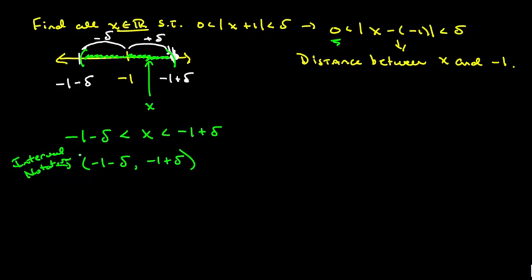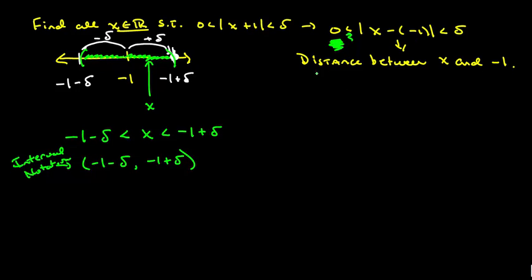Now, we've neglected something here. We neglected this zero over here. What does that zero say? That zero says that the distance between x and negative 1 has to be positive. It can't be 0. It's got to be greater than 0.